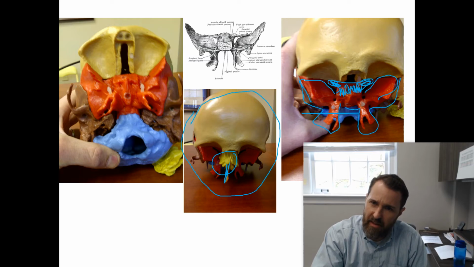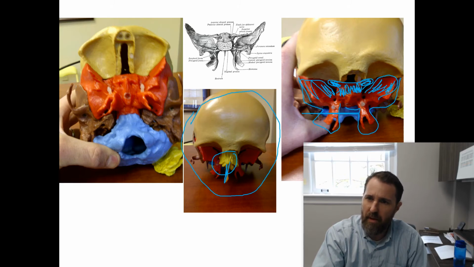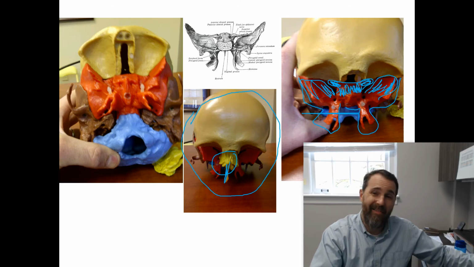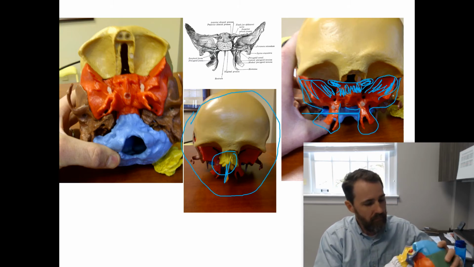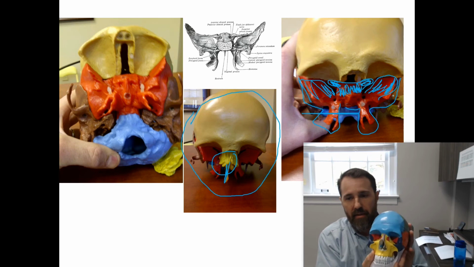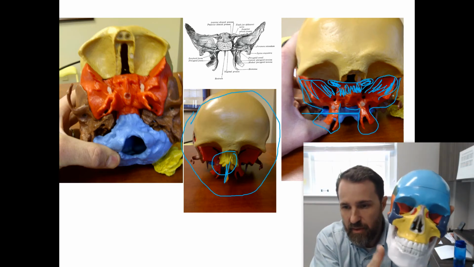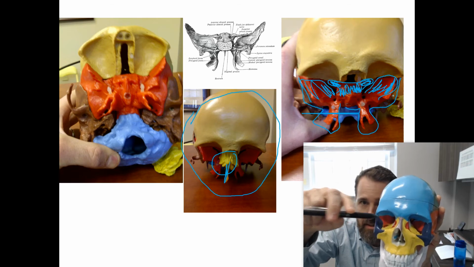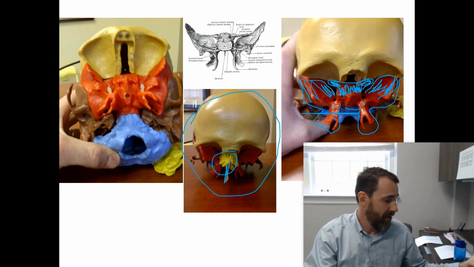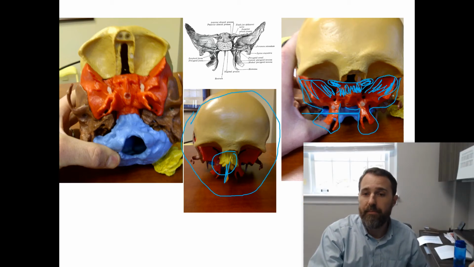And you can see the greater wings, which are here and here. And the greater wings form a good bit of the orbital cavity, meaning your eye socket. So if you look at the skull right here, you can see that red portion in his eye sockets. That is the greater wing of the sphenoid.